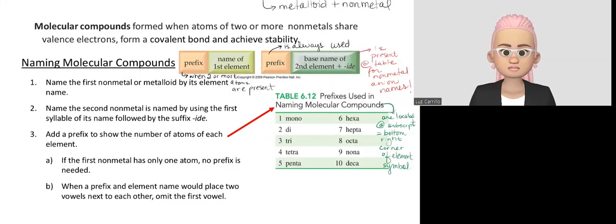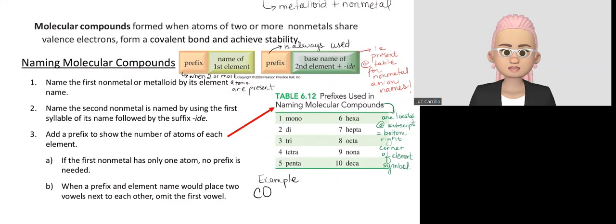So to give you an example of why we have to be careful with that, let me give you the following chemical formula. Here we have capital C, capital O. This is a covalent compound. So from the rules that we have, the first nonmetal that we observe is carbon.